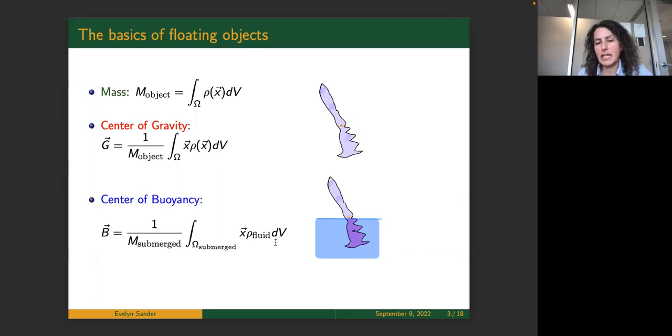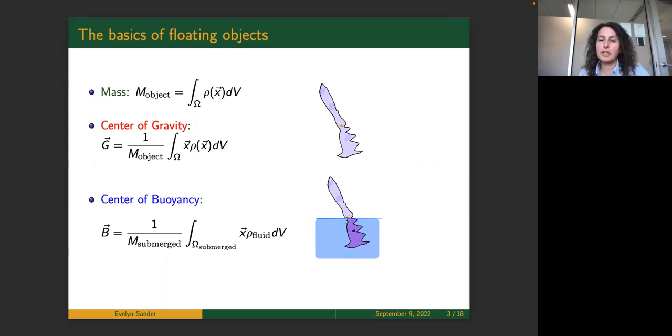So in other words, instead of finding the center of gravity depending on the material the object is made of, this is basically the center of gravity of the fluid that has been displaced by this object.